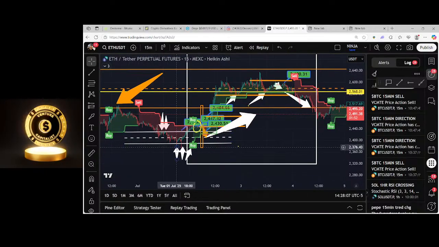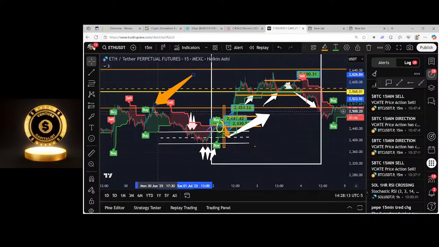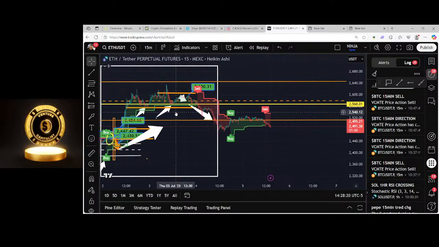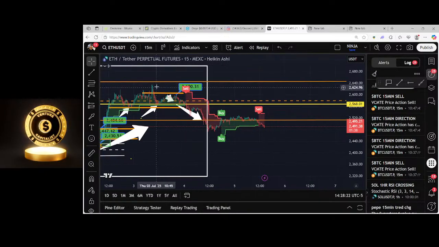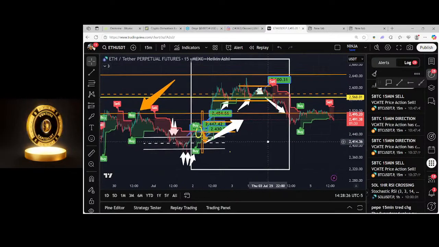So this was a breakdown for the trade, and then our target was the previous swing low. As you can see, we broke through that, then hit the middle of that swing, and we almost touched the top of that previous swing high. So we use 15 minutes for the swing low.